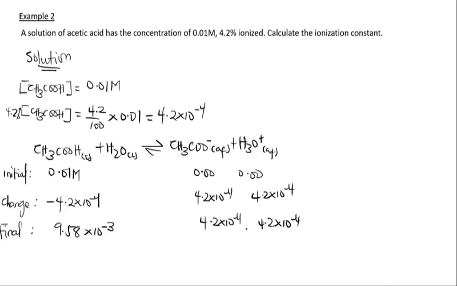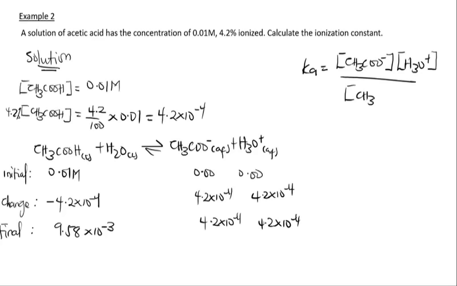So now that we have this, we can see our Ka is equal to CH3COO- multiplied by H3O+ all over CH3COOH.